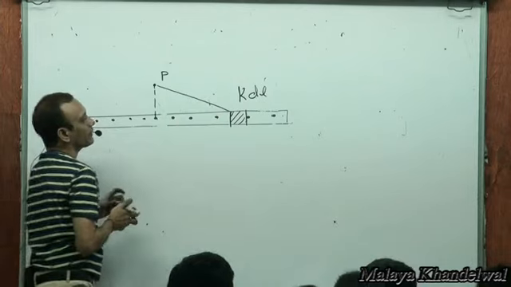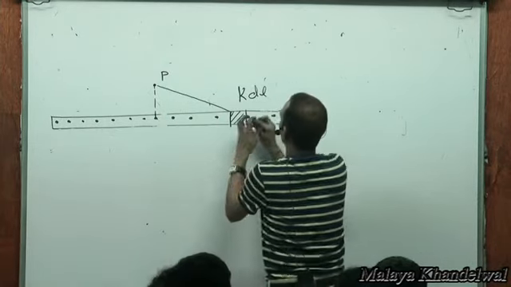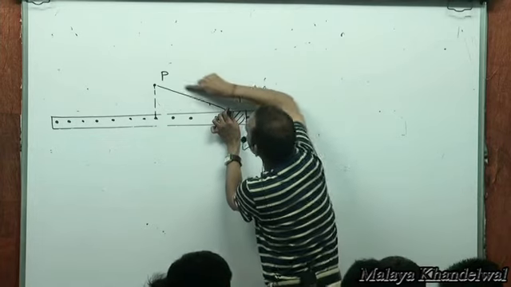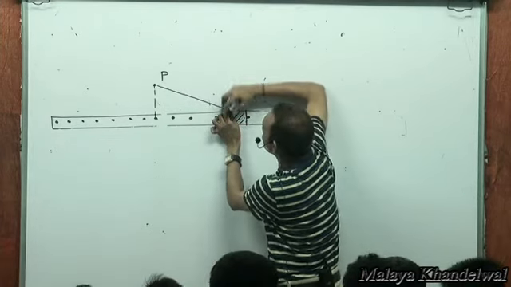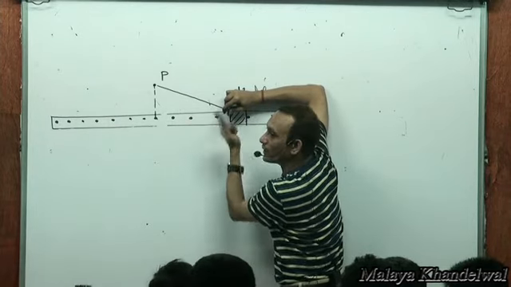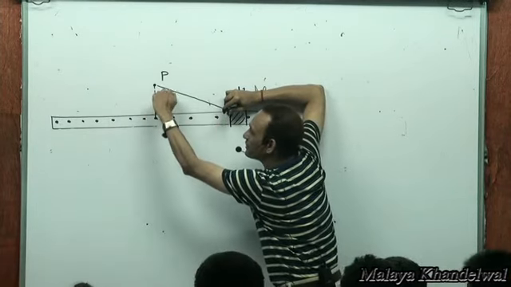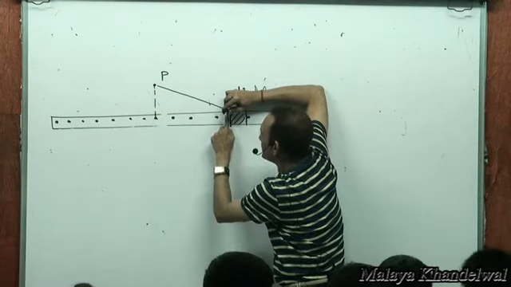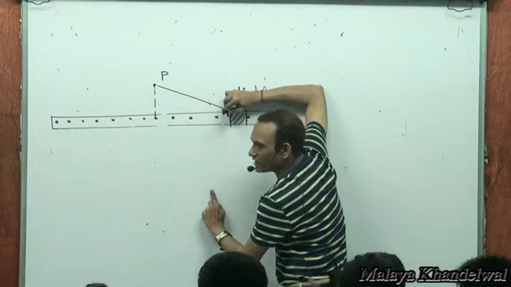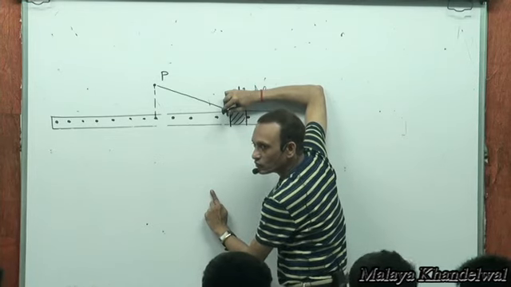Then my dl is like this, r is like this, right? So dl cross r would be like this. This is my dl going upwards. This is my r going towards P. Then dl cross r would be like this, perpendicular to dl and r. Yes or no?